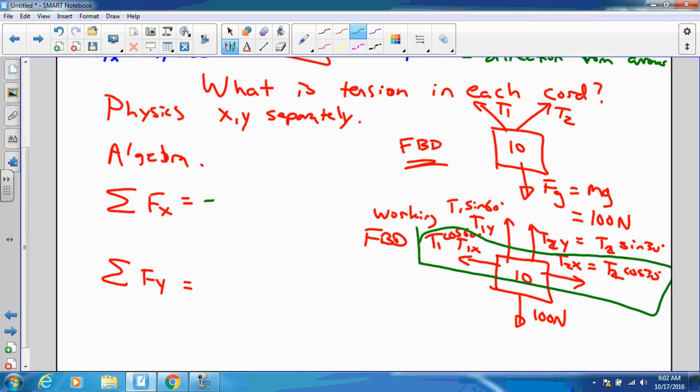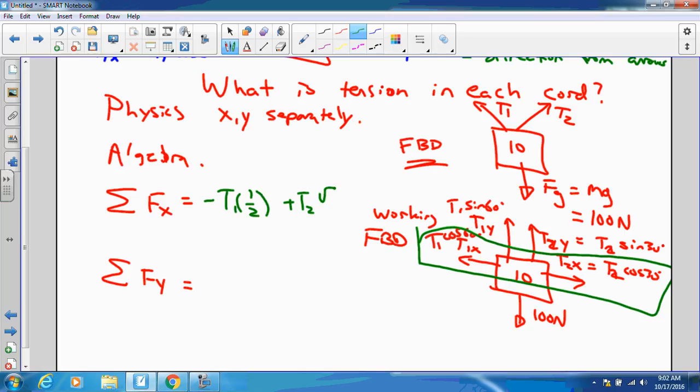T1x is pointing to the left, and so we're going to mark that as a negative T1 cosine 60 degrees, which is 1/2. And T2x is going to be in the positive direction.